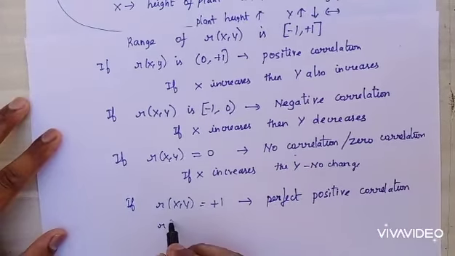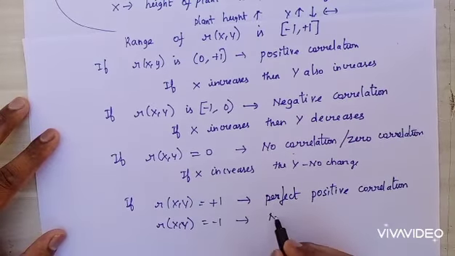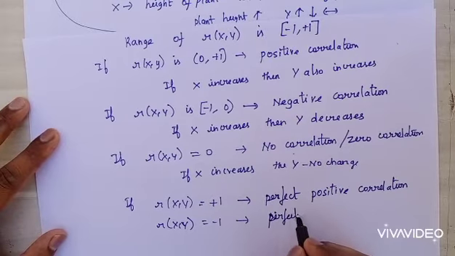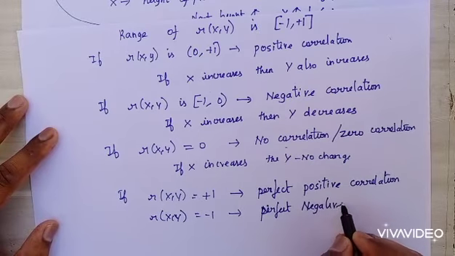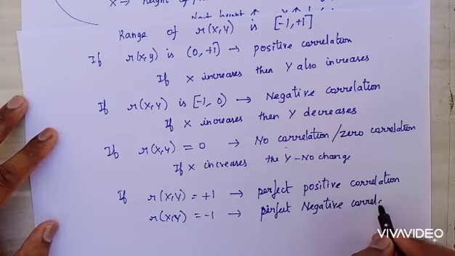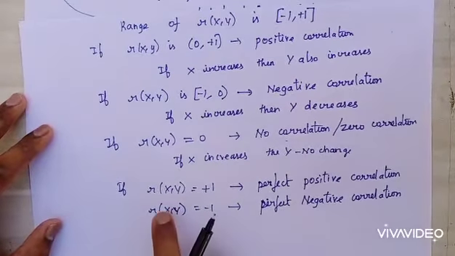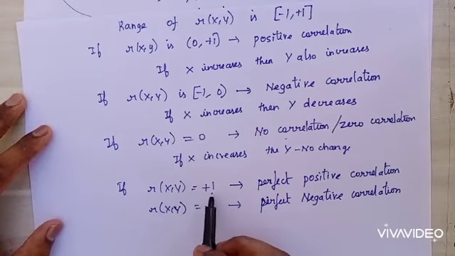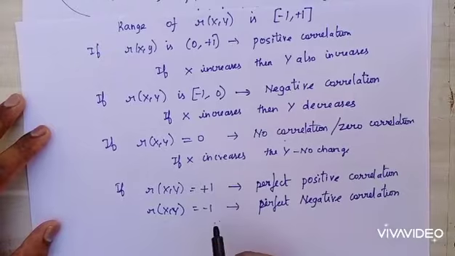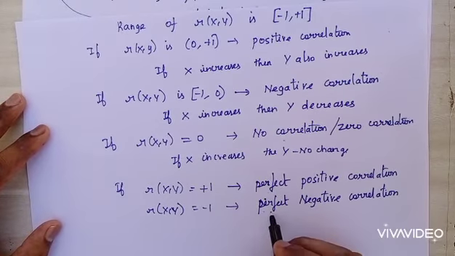If the correlation is -1, then we will say perfect negative correlation. That is, if the value is exactly 1, then it is perfect positive correlation, and if it is exactly -1, then we will say perfect negative correlation.